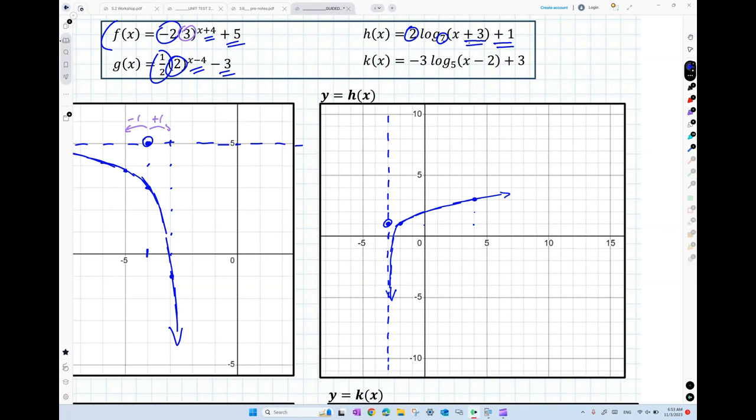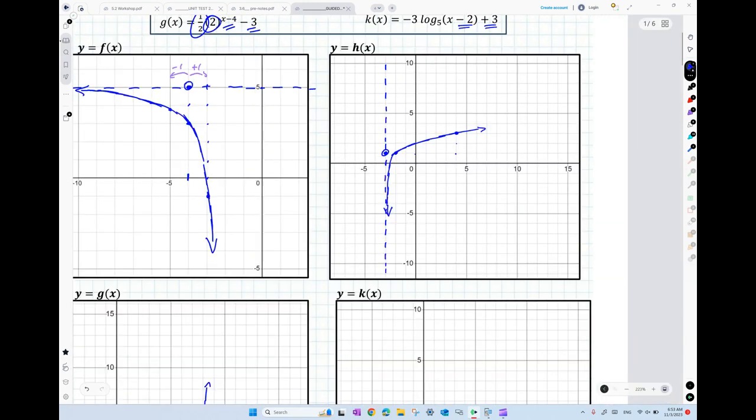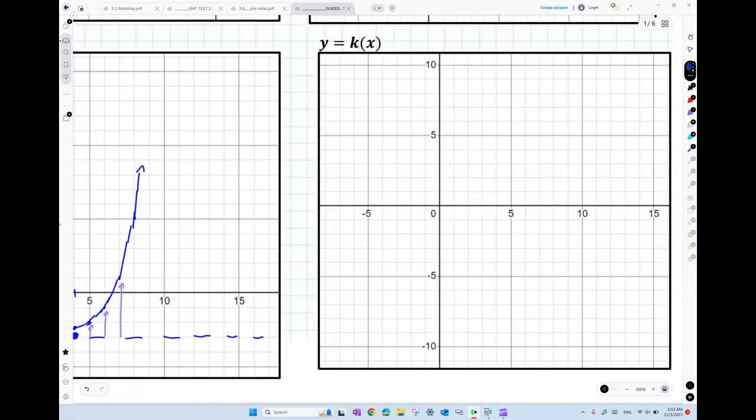And finally, for k of x, my new point of reference is 2, 3.